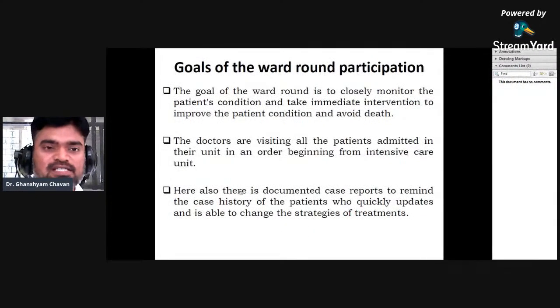Now we will discuss the goals of the ward round participations. What are the goals of these ward round participations? The goal of ward rounds is to closely monitor, means we should check the patients very closely.